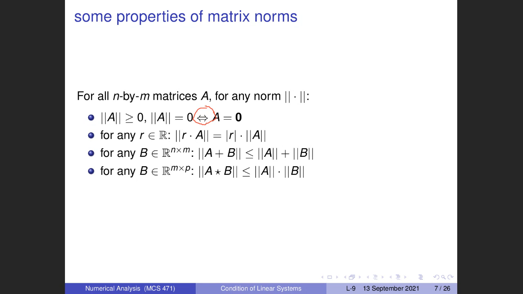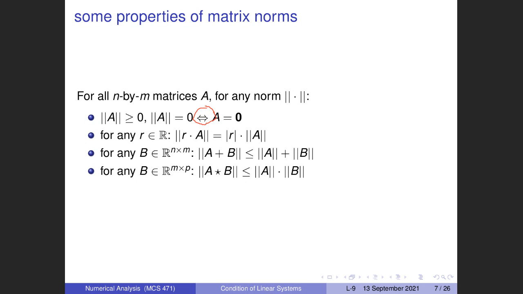So the scalar multiple: if you multiply your matrix with a real number, then the norm will be multiplied with the absolute value. So the norm itself is not a linear map. If you take the norm of the sum, you don't have the sum of the norms. However, the sum of the norms is actually an upper bound. So that's called the triangle inequality.